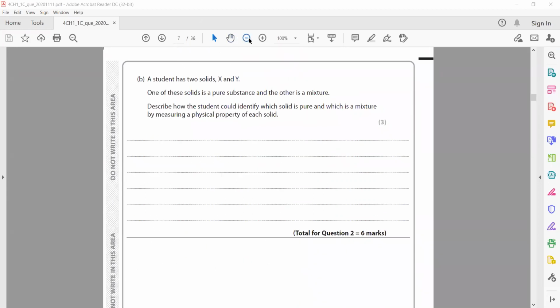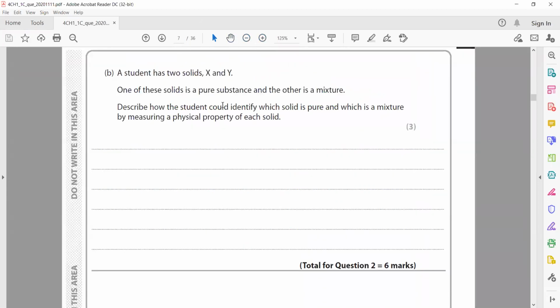A student has two solids X and Y. One of these solids is pure and the other one is a mixture. Describe how a student could identify which solid is pure and which is a mixture by measuring a physical property for each solid. Since it's a solid, the student can measure the melting point.